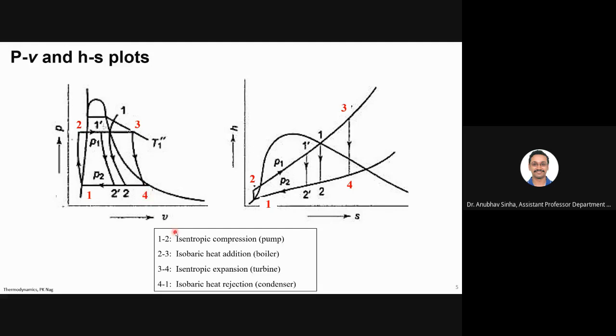Okay. The last process is isobaric heat rejection in the condenser. So this is what we see here. From 4 to 1, this is isobaric, and heat is extracted, so that your specific volume is also reduced. Volume reduces from 4 to 1, and now we have a saturated liquid here.